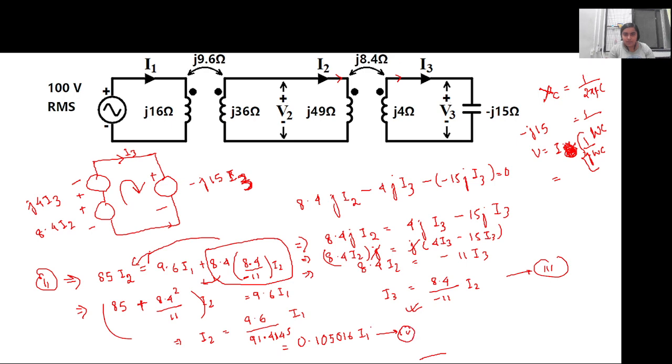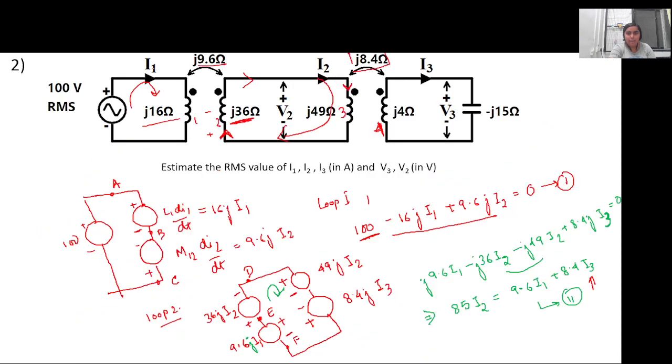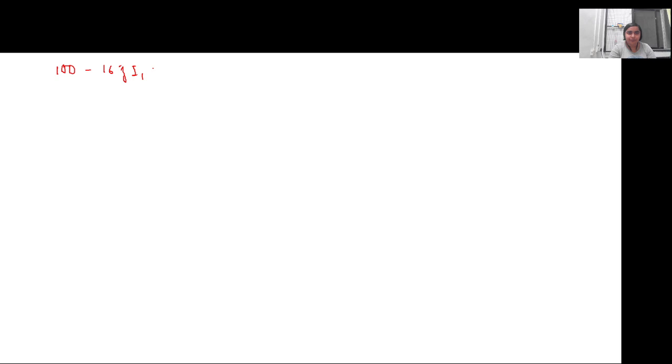Now we substitute equation 4 in the first equation, which is 100 minus 16j I1, this equation, right? So it is 100 minus 16j I1 plus 9.6j I2. In place of I2, we will substitute the value.